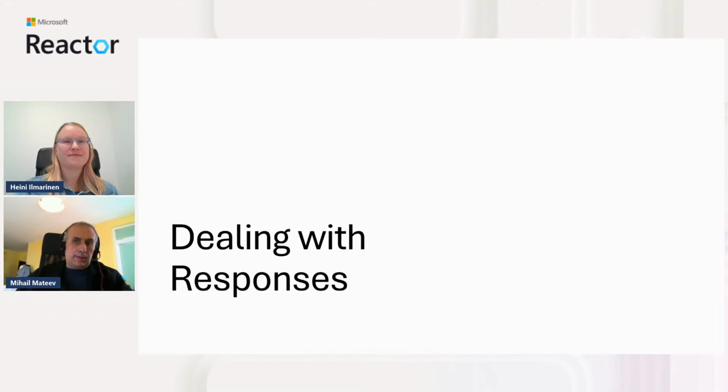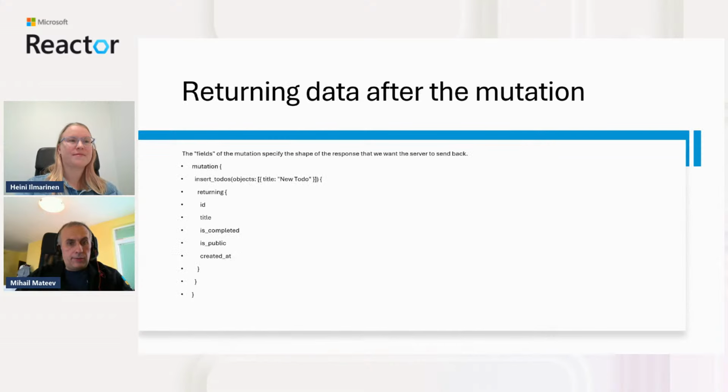Dealing with responses. When we talk about mutations, we again have a response that can be similar to what we have when we query data, but depends on our configuration. As I already explained, by default, the response is the updated object.